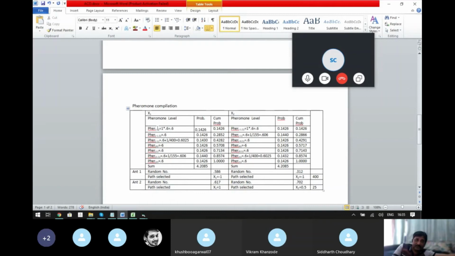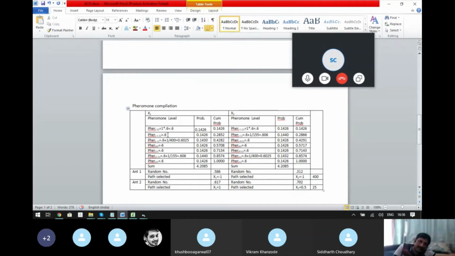So here you see, this side is dealing with x1 and this side is dealing with x2, right? So the pheromone on the path where x1 equal to -2 is 0.6, and the ant has not used this path, so there is no question of deposition.